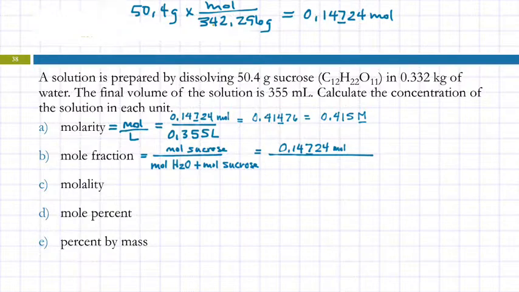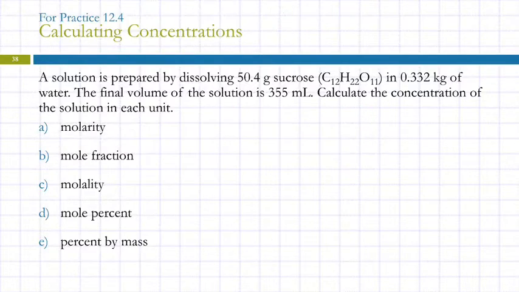I'll just get rid of all of that. Well, we're given a mass of water in kilograms. So 0.332 kilograms of H2O. We need to convert that to grams. We can move the decimal point over, or we can write it out. Kilograms, grams, kilo means 10 to the third. Whoops, what did I do?